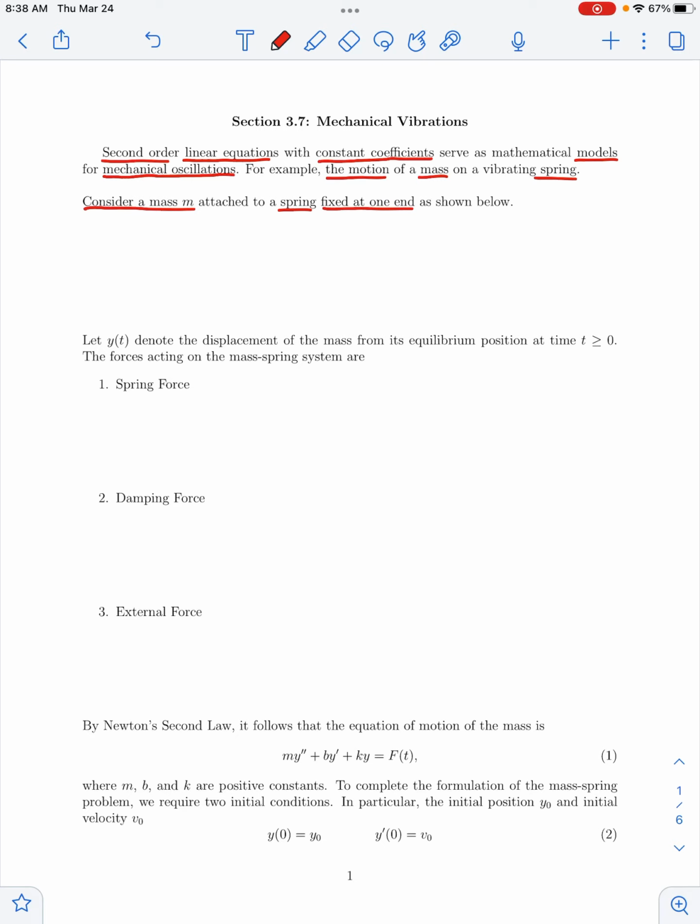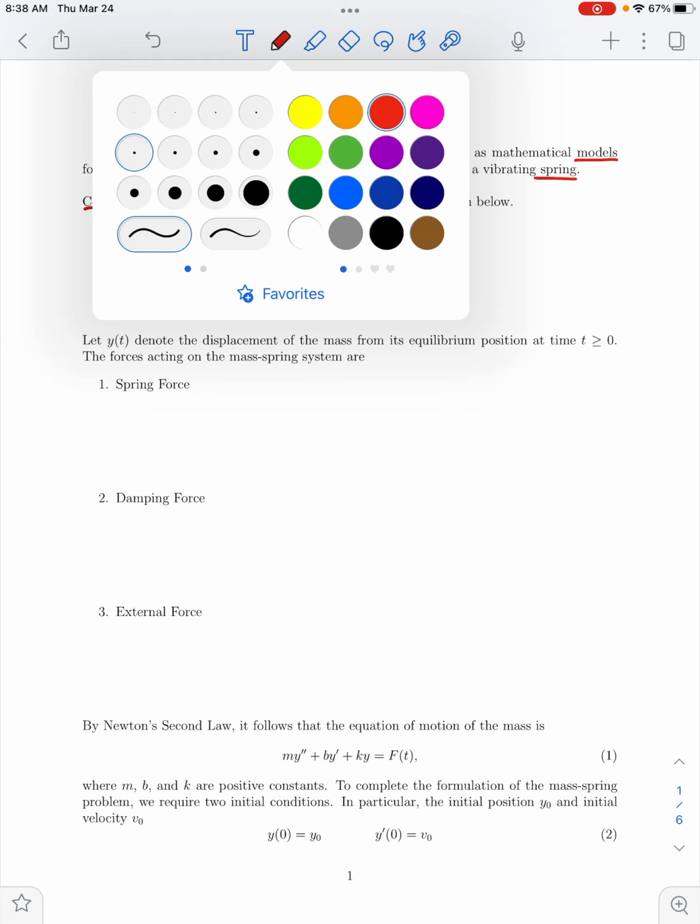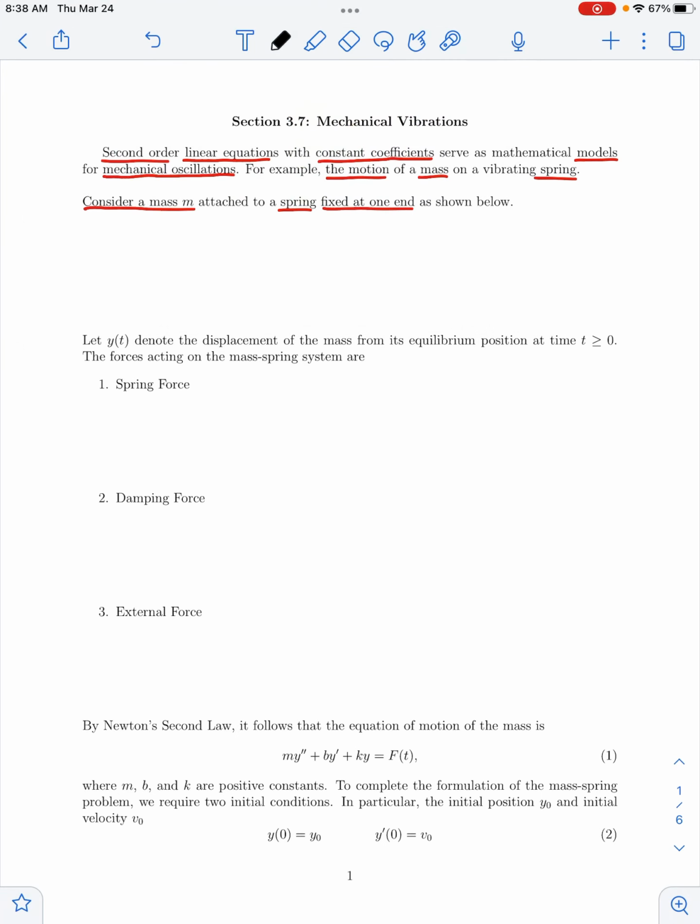And there's usually a couple of ways that we can visualize this system. We could have some vertical mount where a spring is attached at one end to this mount, and on the opposite end of our spring we have some mass M.